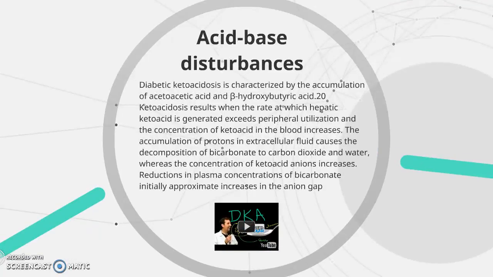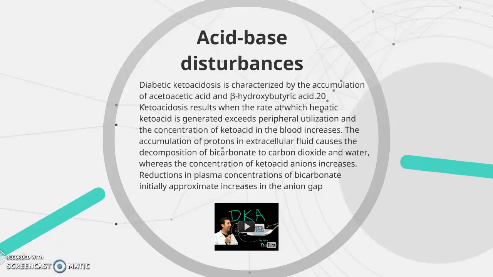Acid-base disturbance. Diabetic ketoacidosis is characterized by the accumulation of acetoacetic acid and beta-hydroxybutyric acid. Ketoacidosis results when the rate at which hepatic acetoacetic acid is generated exceeds peripheral utilization, and the concentration of ketoacid in the blood increases.